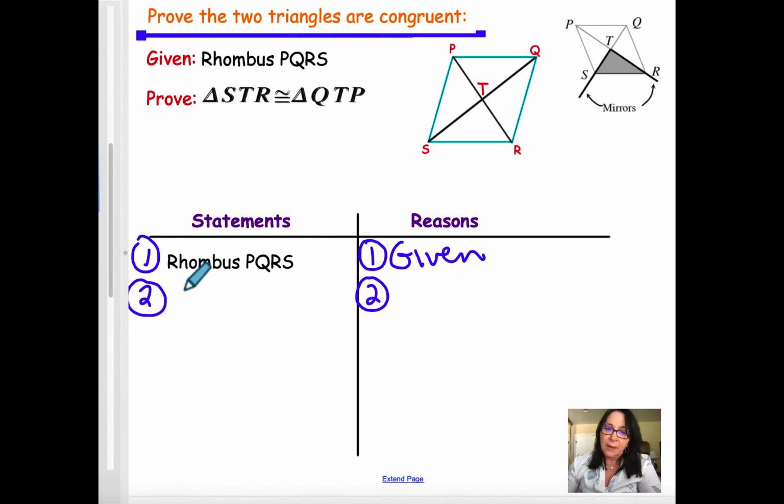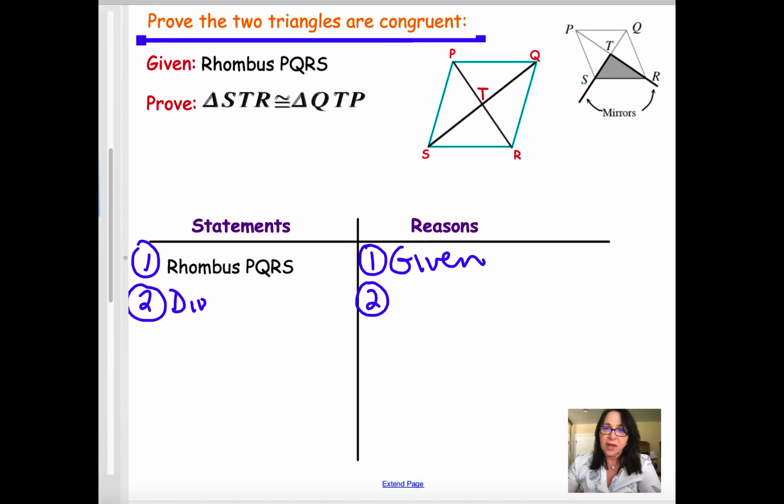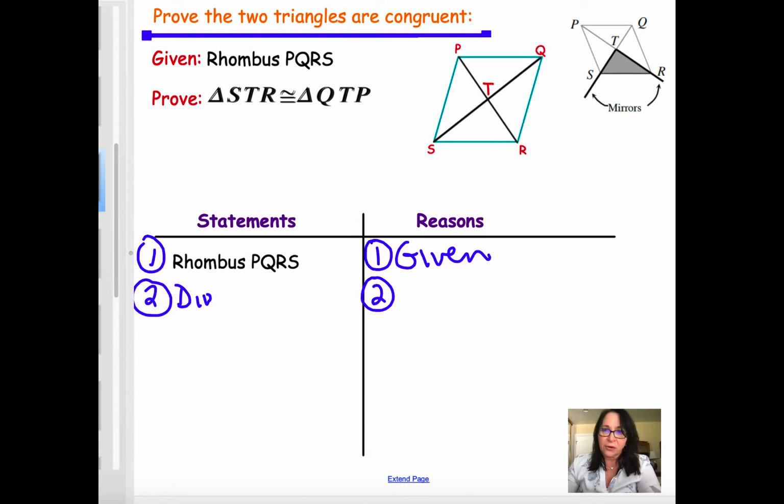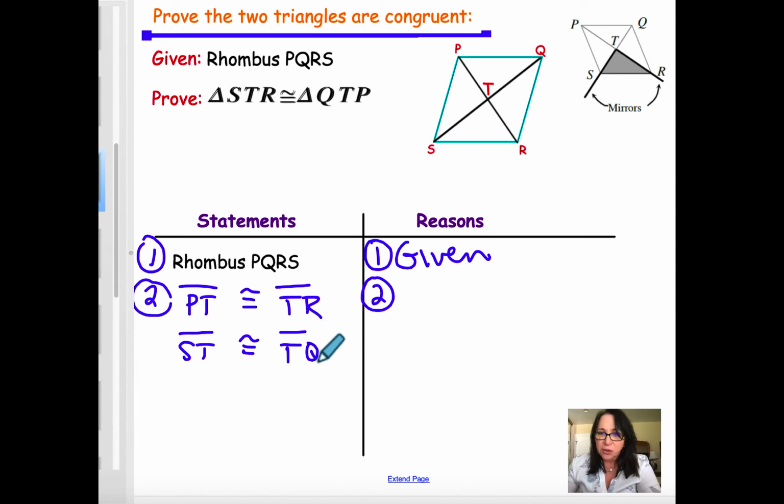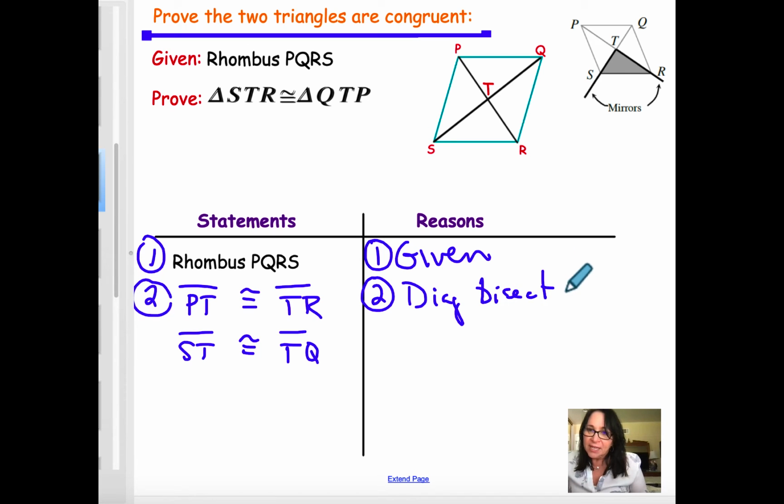So number 1, I'm going to say that my diagonals, PT is congruent to line segment TR, and line segment ST is congruent to line segment TQ, because in a rhombus, and this should be basically in a parallelogram, the diagonals bisect each other.